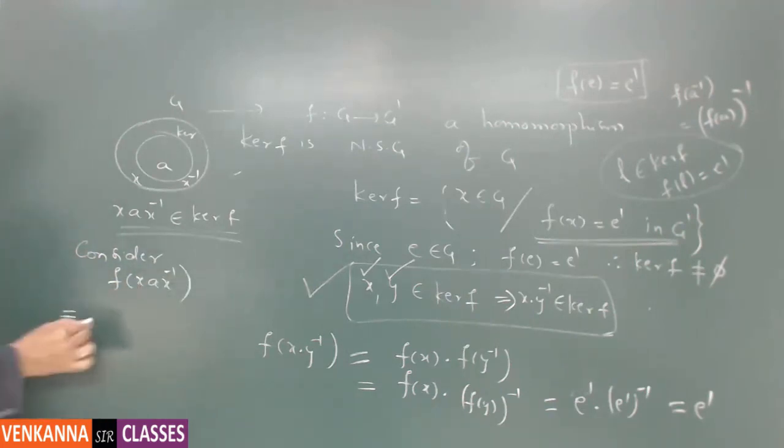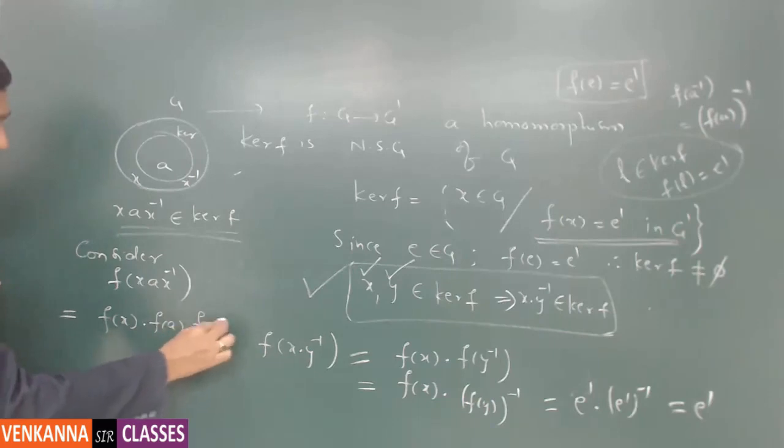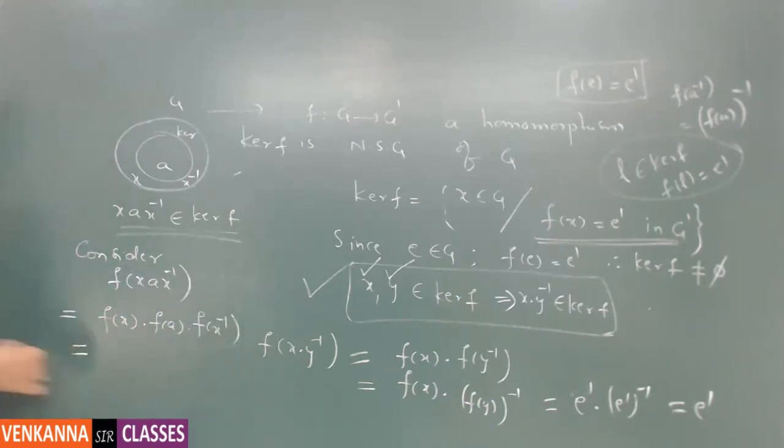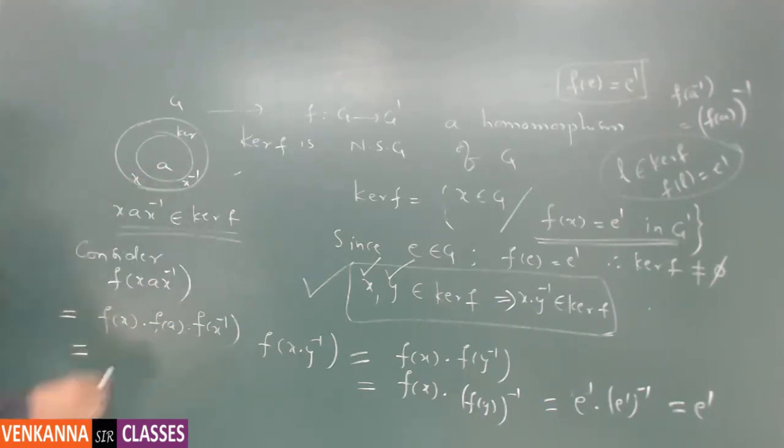Since f is a homomorphism, you can write it as f of x, f of a, f of x inverse. Since a is taken in the kernel, f of a is nothing but identity.